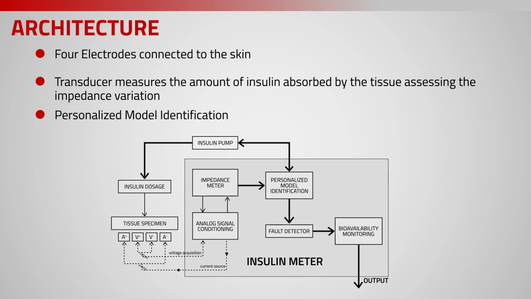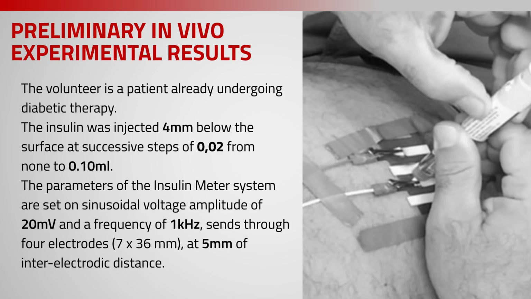In this picture, you can see the architecture of the proposed insulin meter based on the personal model identification during the injection phase. After in vitro and ex vivo tests, preliminary in vivo tests were also carried out in order to validate the proposed meter on a voluntary human subject affected by type 1 diabetes.